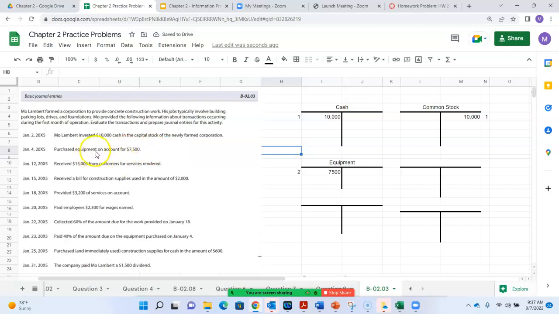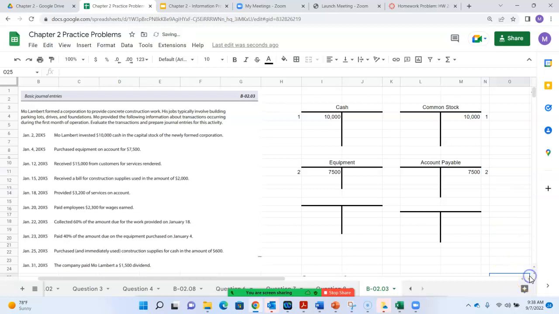And they purchased it on account. There's that key word. Therefore, you know that they are going to be paying for this equipment with potentially a credit card, right? They haven't actually paid with cash yet. So this is a future obligation. Therefore, this is a liability. To increase a liability, we credit the account. So this is $7,500. And this relates to transaction number 2.